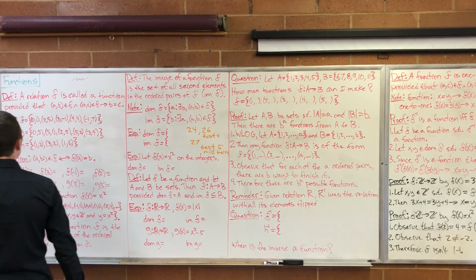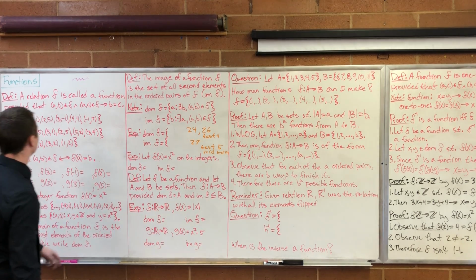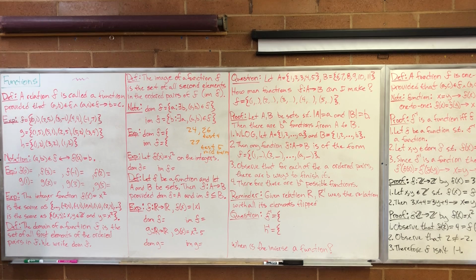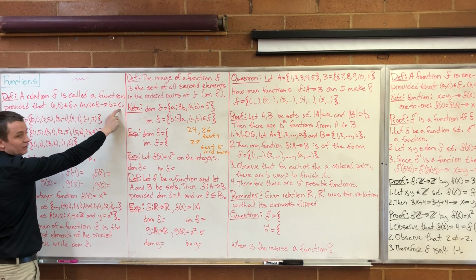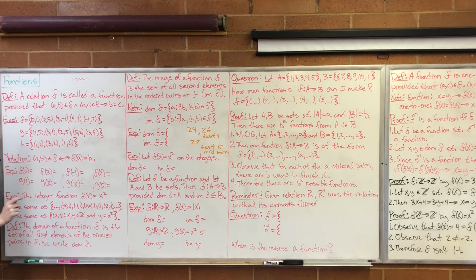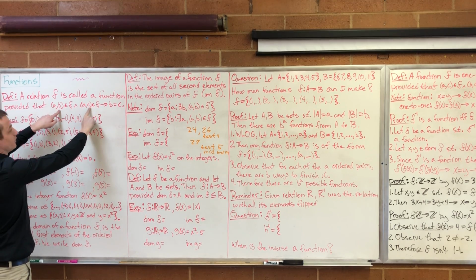Okay, so a function is just a relation with one property. What's the property? The property is that if (A,B) and (A,C) are in the relation, then B has to equal C. Another way to say that is, anytime A is paired with something, it better be the same thing.